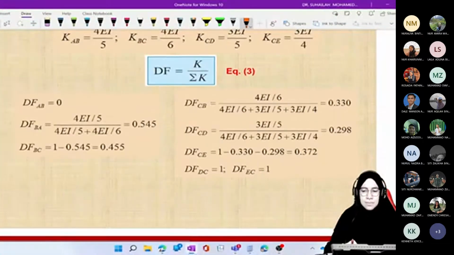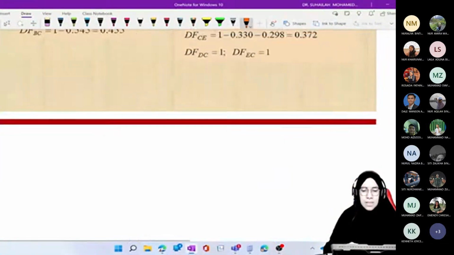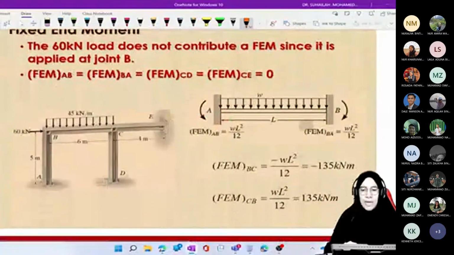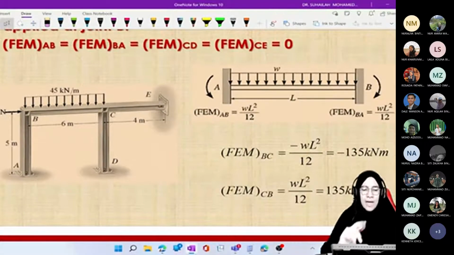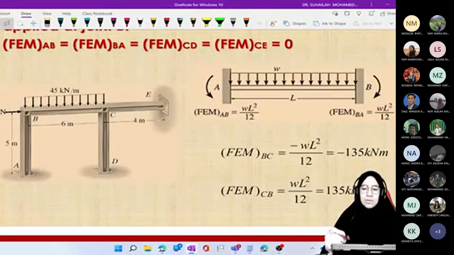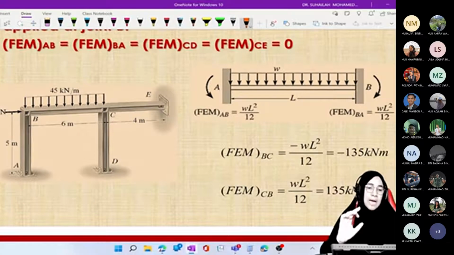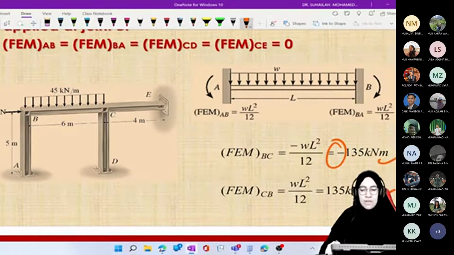Okay, so we do as usual, using the formula, and we get the distribution factors. In this case, only one member has FEM, and it comes from member BC. We calculate FEM as usual, due to W, using WL squared over 12. One negative, one positive.